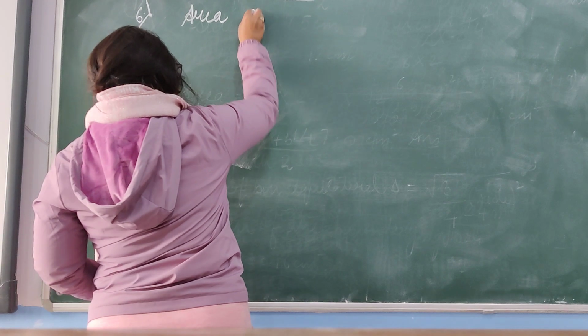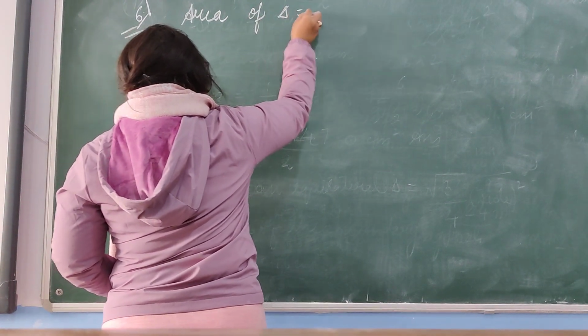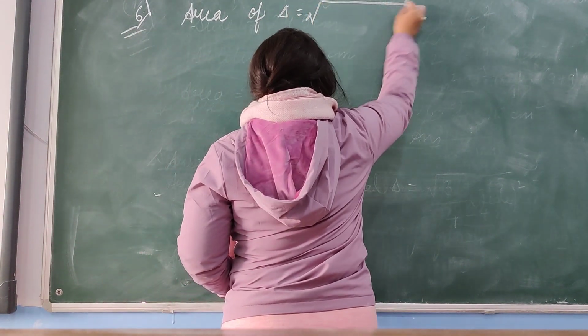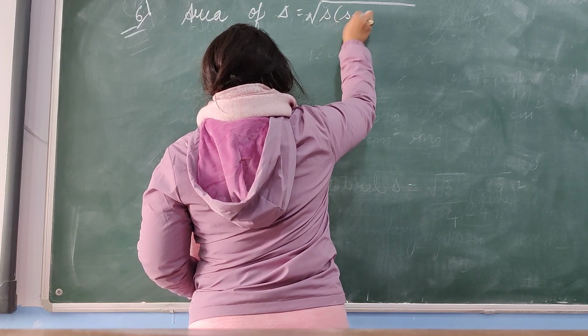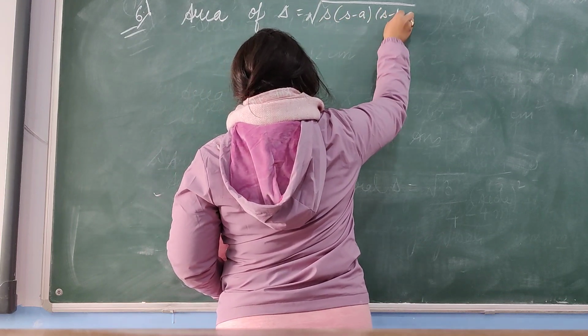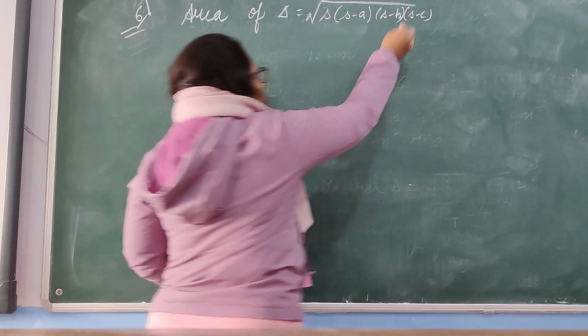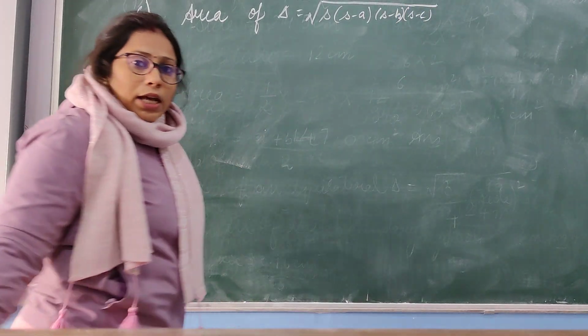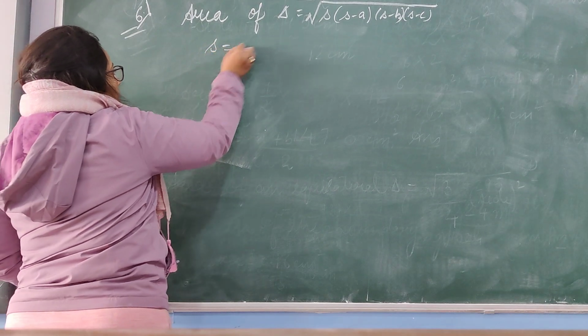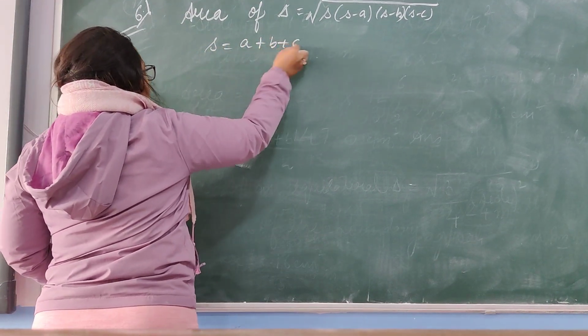So what is that? Under root S into S minus A into S minus B into S minus C. And how do we calculate S? S is equal to A plus B plus C by 2.